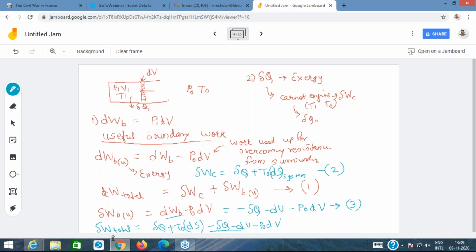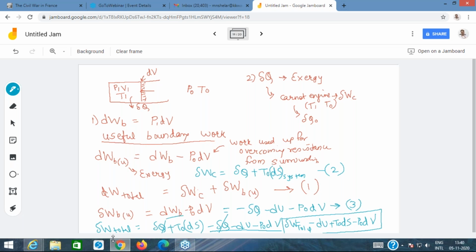This term is the net useful boundary work. If you look, del Q gets cancelled off, and you are left with minus du plus T naught ds minus P naught dV. This is called del W total. I hope up to this point it is clear.